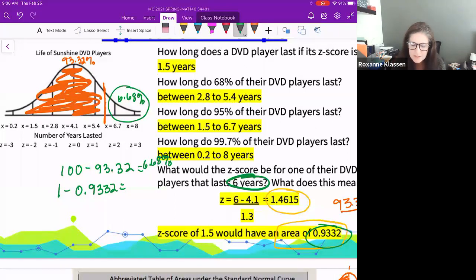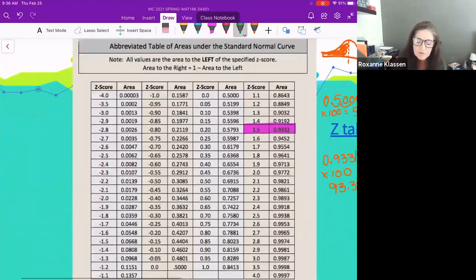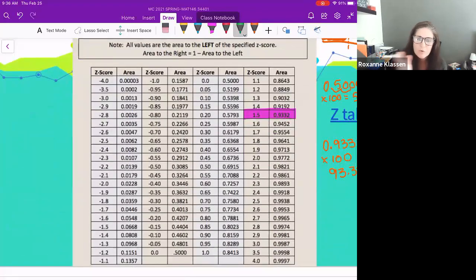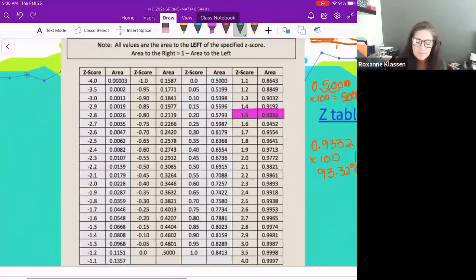So do you see how this stuff on this table is relating to what we talked about yesterday, but it's giving those in-between values instead of right at 1, 2, 3 standard deviations above or 1, 2, 3 standard deviations below. It's going to give you all those in-between scores. Now, this Z table only goes to 1 decimal place for most of them.